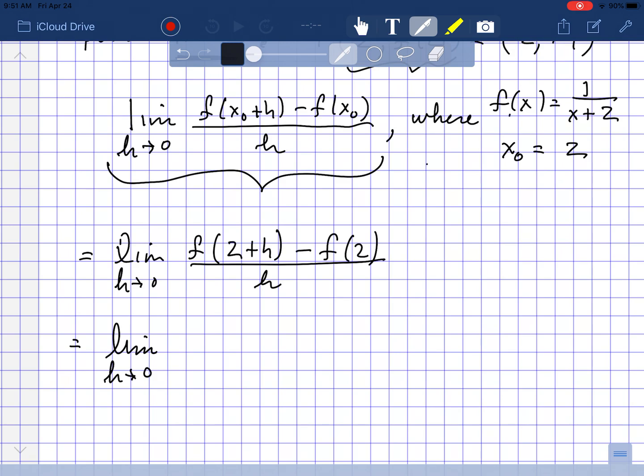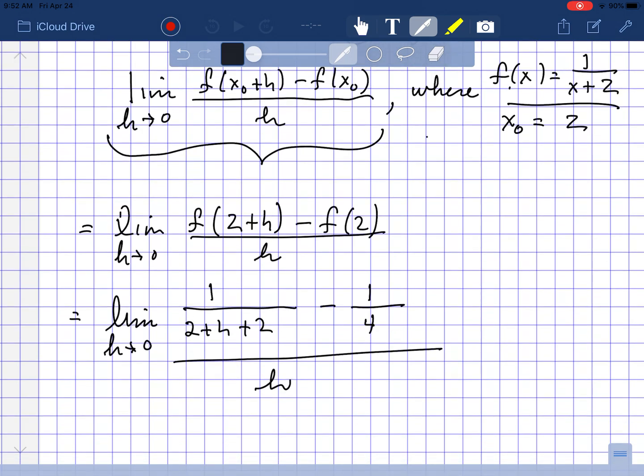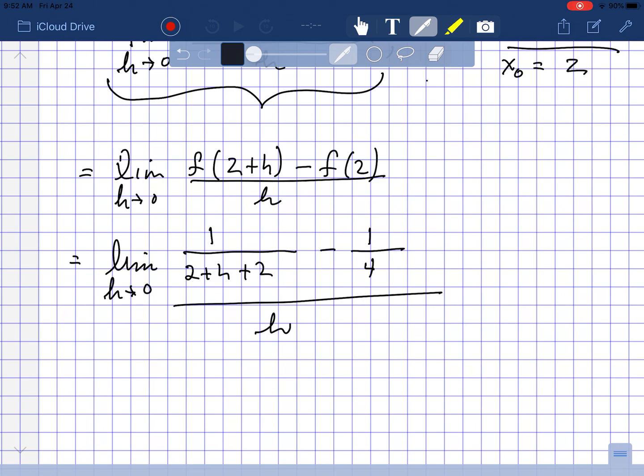Well, we know that f of x is equal to 1 over x plus 2. So f of 2 plus h is just going to be 1 over 2 plus h plus 2, minus f of 2, and f of 2 is just going to be 1 over 4, all divided by h. Okay, so this is our limit that we have to evaluate.